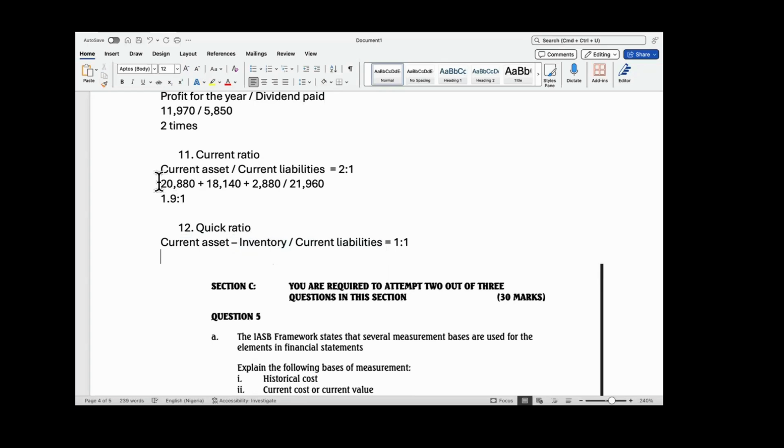But in this case, since the examiner didn't give us current assets, they gave us these items piecemeal, our current assets minus inventory will simply be the receivables and cash alone. That means we have already removed inventory. So then all over my payables of 21,960.